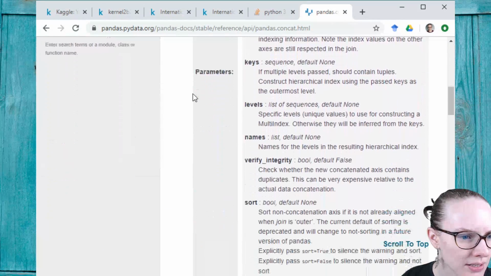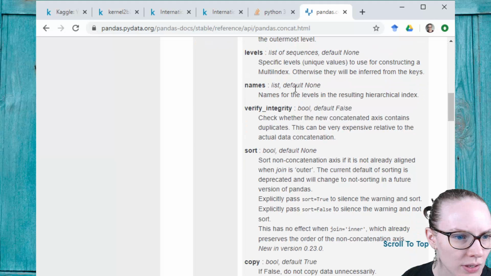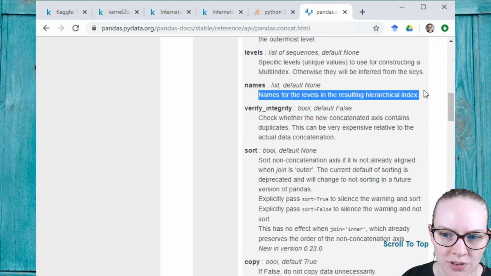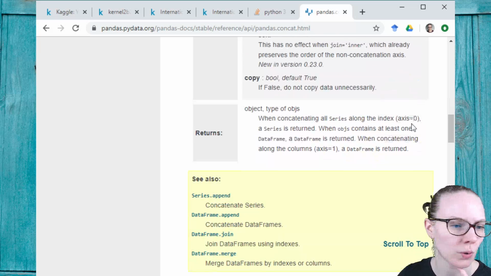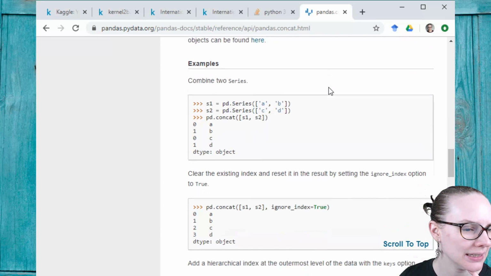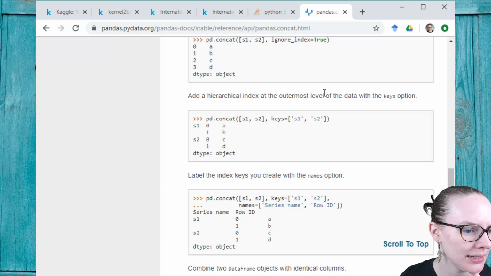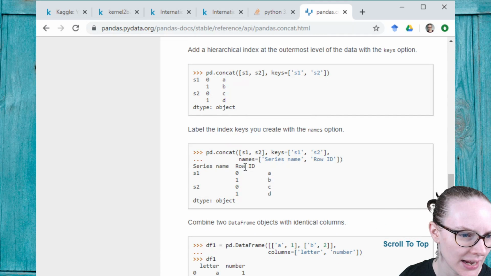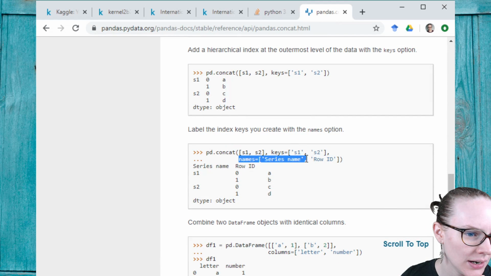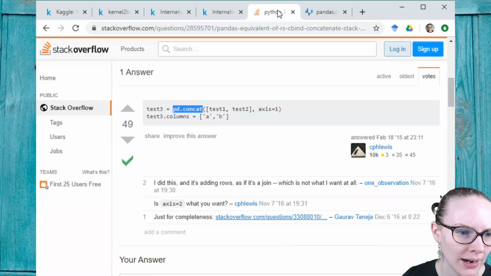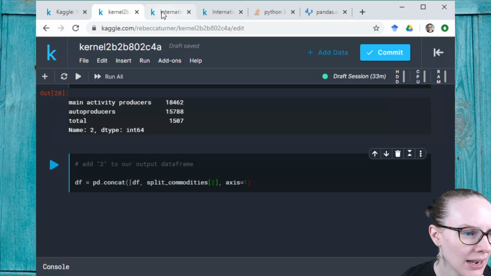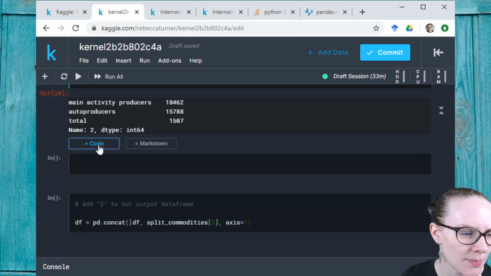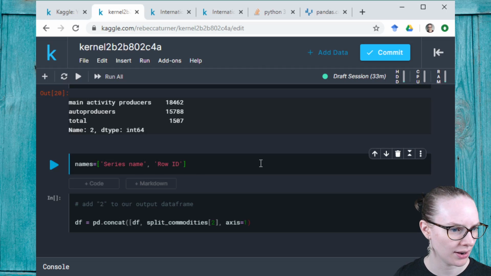Axis, join, axis, ignore index, levels, names for the levels of the resulting hierarchical index. Alright, okay. Keys, names. Label the index, series names, row ID. Alright, I think I can do it, but I think it's going to be a little bit rough.